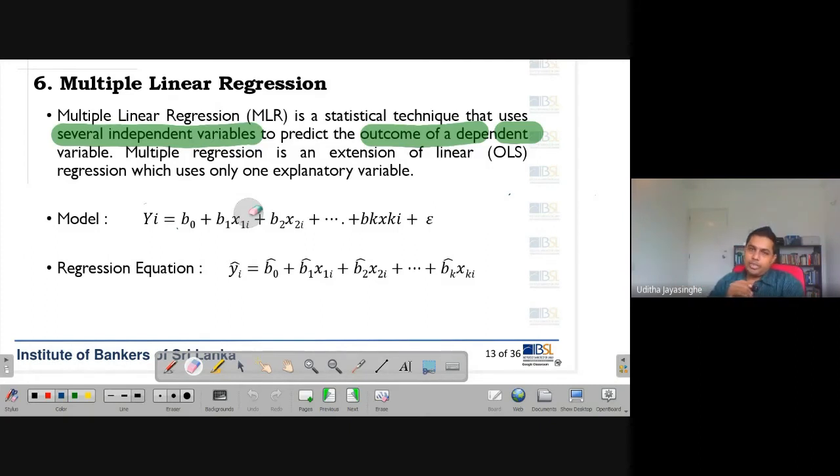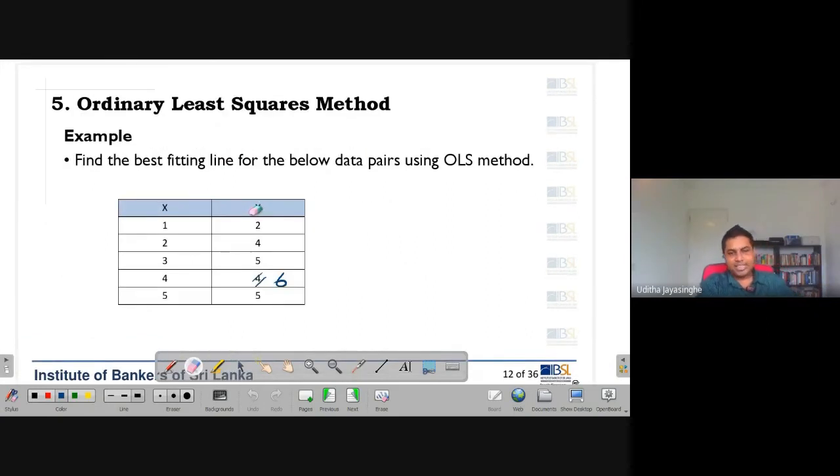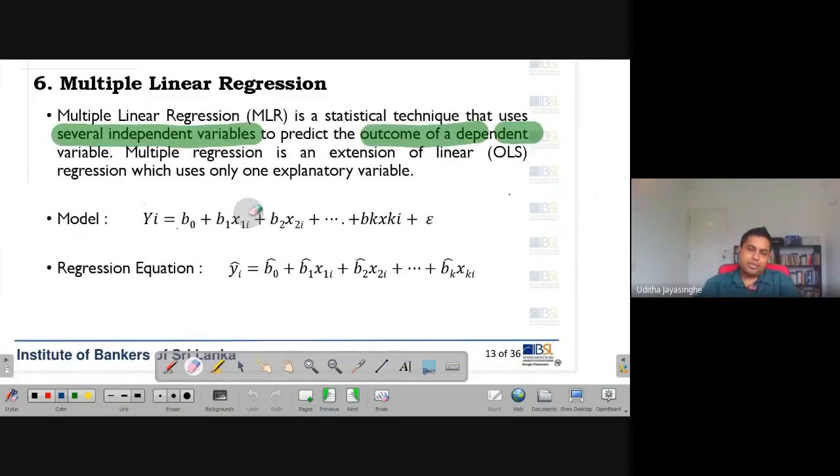In exam questions also, it's very impractical to ask how to calculate them, as we did for alpha and beta in the simple example. It's never going to be tested to calculate b1, b2 in such a scenario.